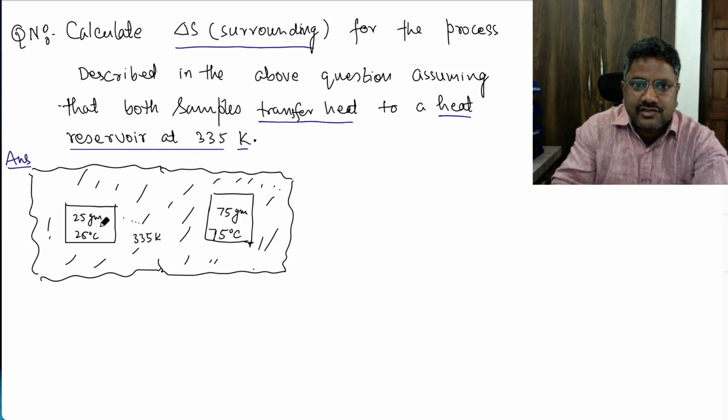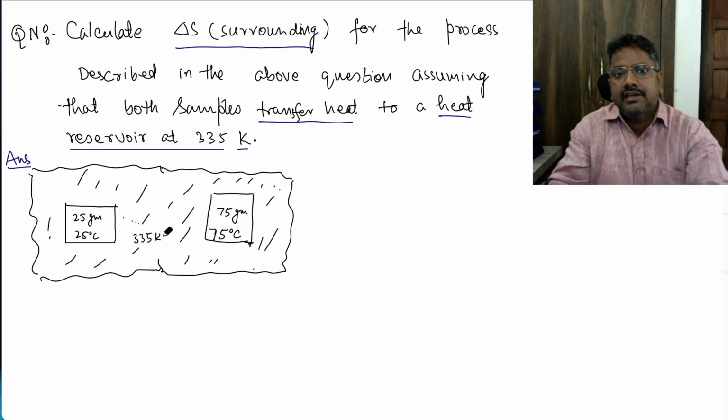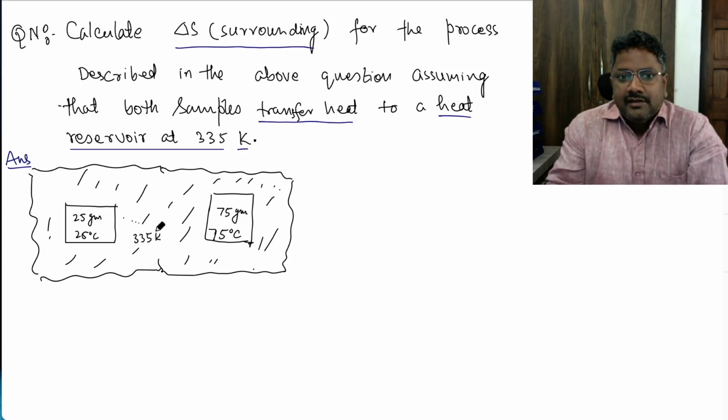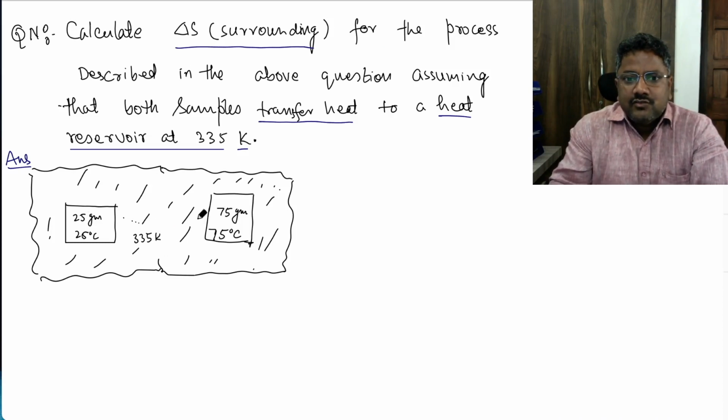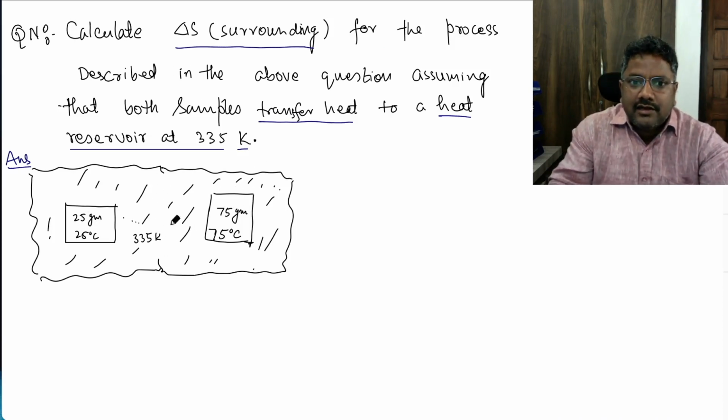So this description I have shown here. See, this is our system, this is another system, and this heat reservoir is common for both. It is at 335 Kelvin, right? This time these two are not mixed together, so we have to find out the entropy change of this, right?